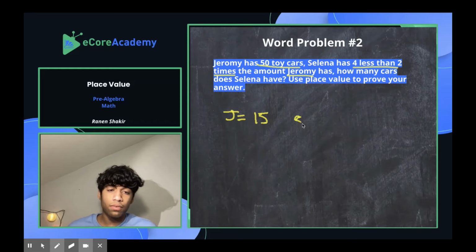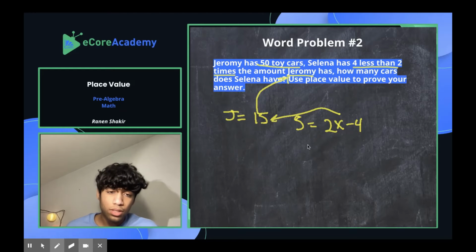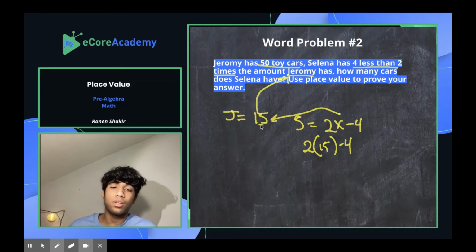So Selena is going to have 2x minus 4. And this time our x is going to be 15, since that is the amount of cars that our friend Jeremy has. So when we plug this in, we're going to get 2 times 15 minus 4. When I say plug in, I just mean we're putting the number of cars Jeremy has into our x.